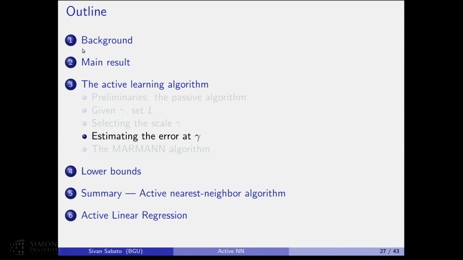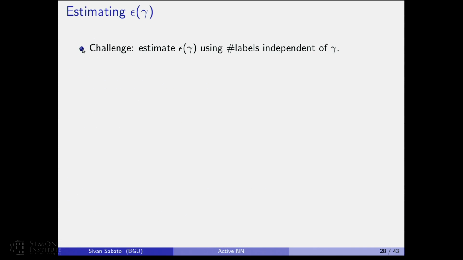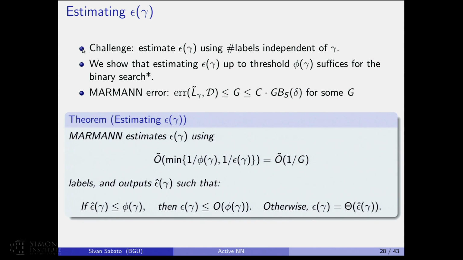So what we are doing instead, and I will really just mention this and not go into all the details, is we're estimating this sample error only up to some accuracy. And it turns out that estimating the sample error up to a specific accuracy suffices for us to decide whether we should go right or left in the binary search.